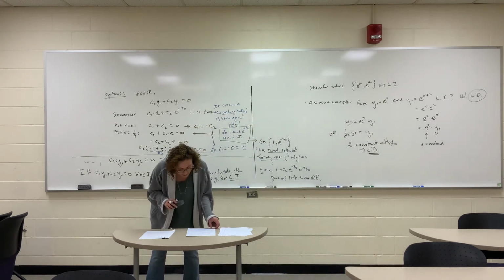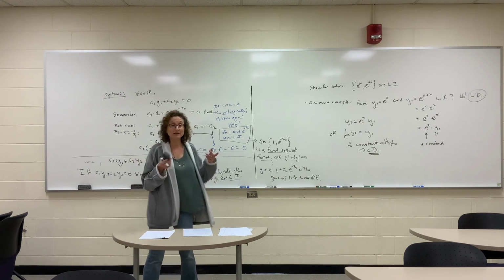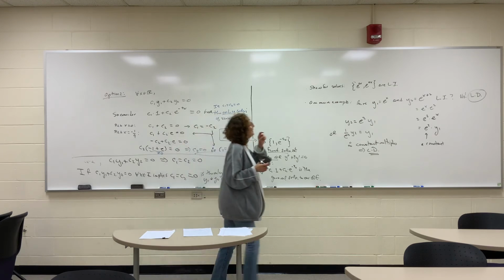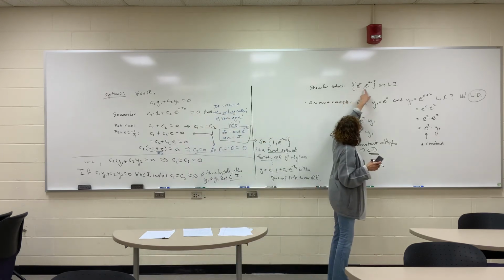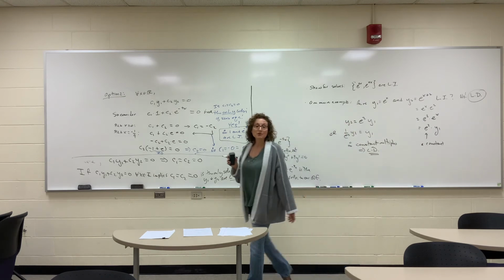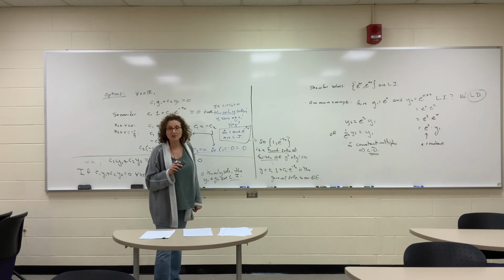Okay, so let's go back to case 1 and justify that all solutions of the form e to the r1x and e to the r2x, where r1 and r2 aren't the same real number, are linearly independent.